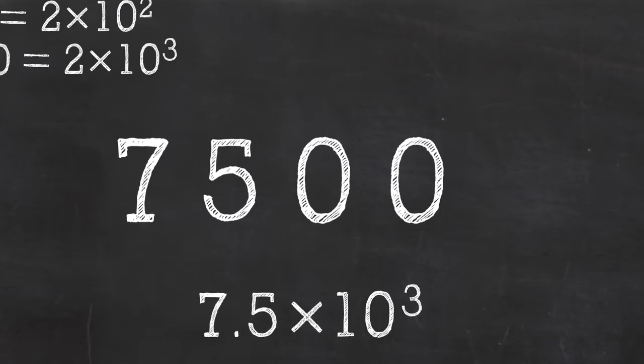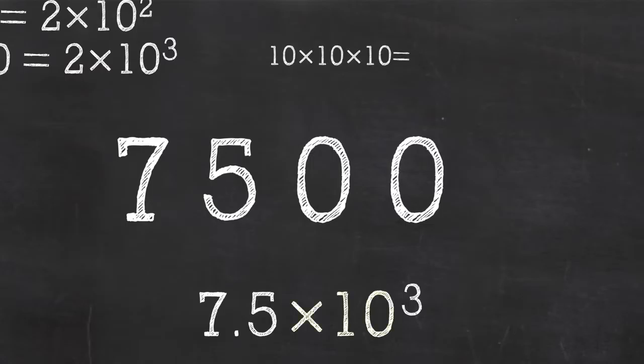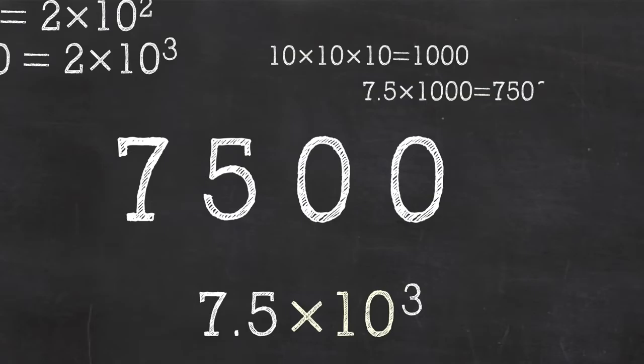The number 7,500 can be written in scientific notation as 7.5 times 10 to the power of 3. We can check that this is correct by working out the individual components. 10 times 10 times 10 equals 1,000, and 7.5 times 1,000 gives us our original number of 7,500.